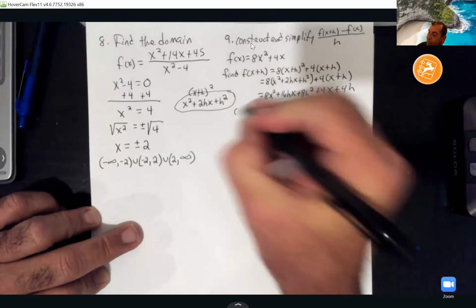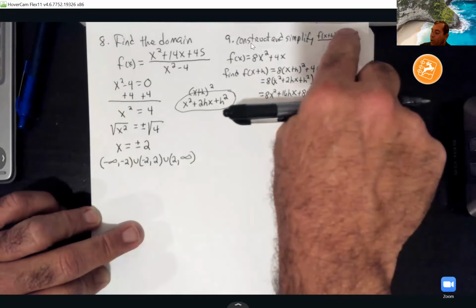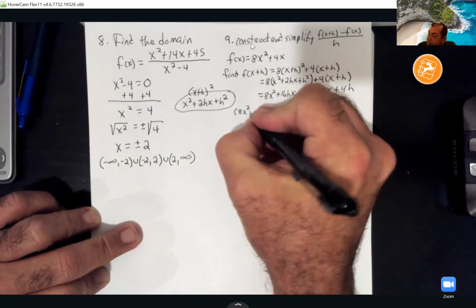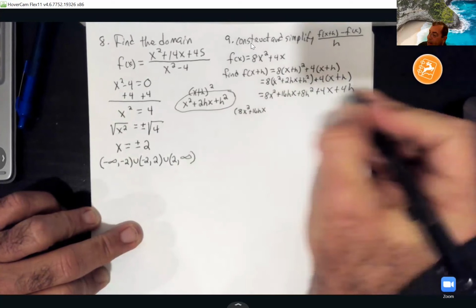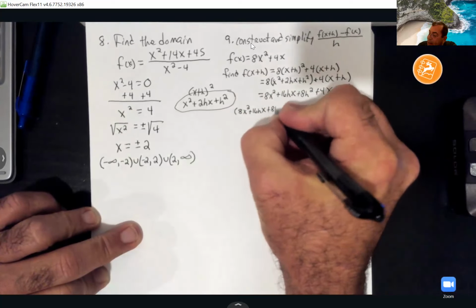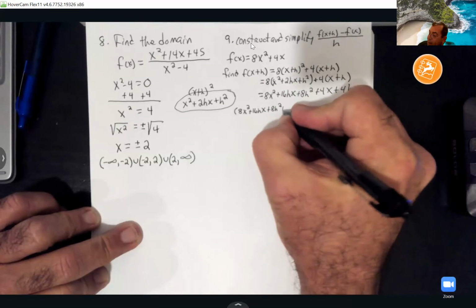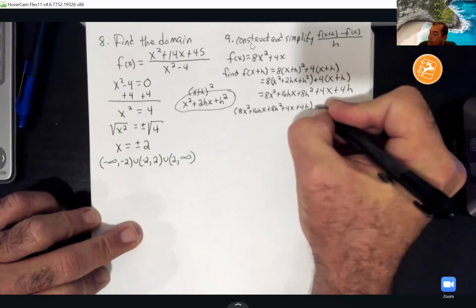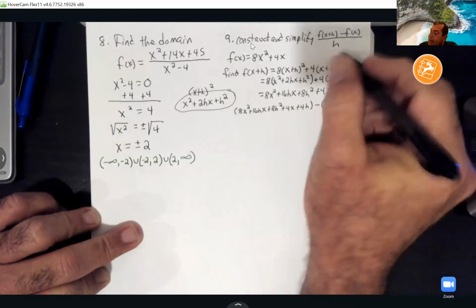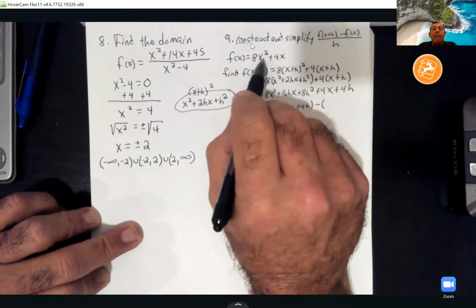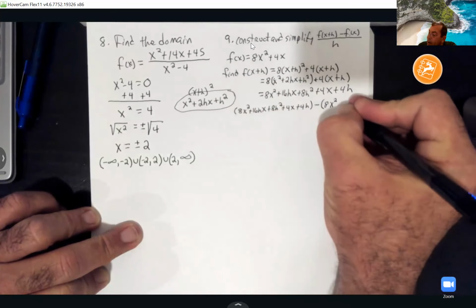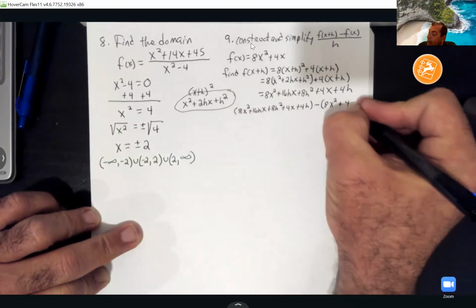So we're going to start putting everything into our formula. I'm going to bring down the 8x squared, 16hx plus 8h squared plus 4x plus 4h. All of that will be minus the f of x, which is the 8x squared plus the 4x.